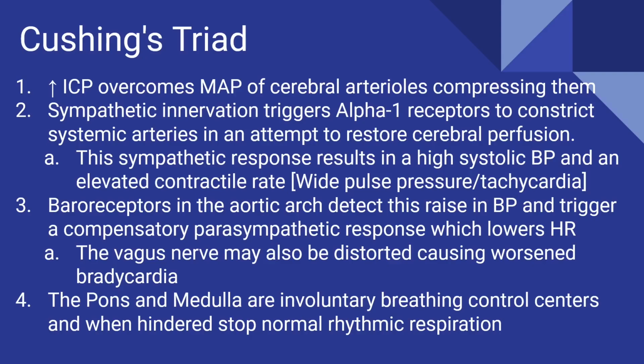The heart is going to sense that raise in blood pressure in the aortic arch, and trigger a compensatory response of parasympathetic innervation to lower the heart rate. So big things you see right off the bat with a very high ICP is a high systemic systolic blood pressure and a compensatory bradycardia.